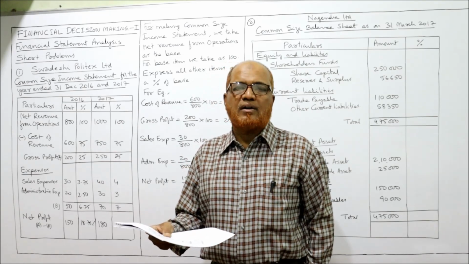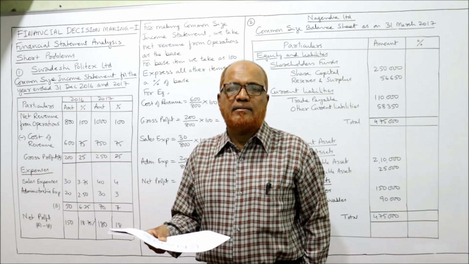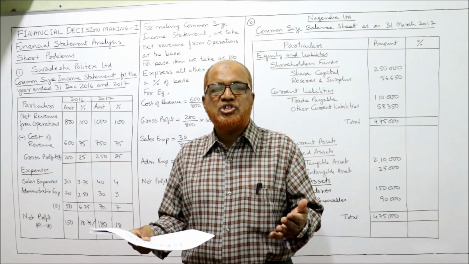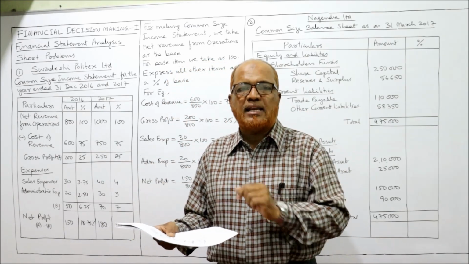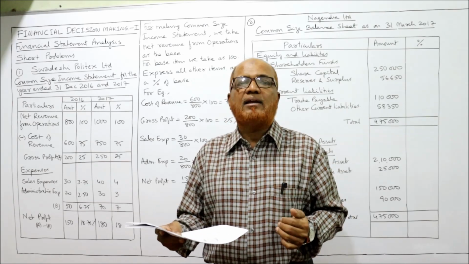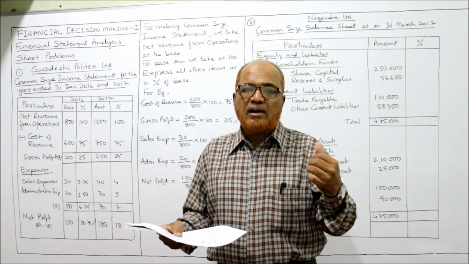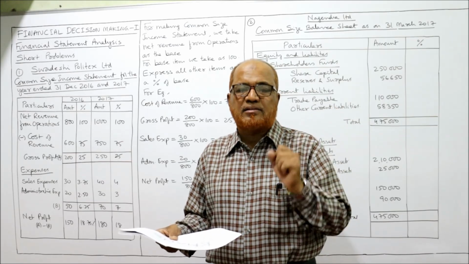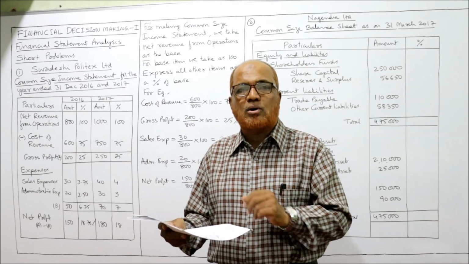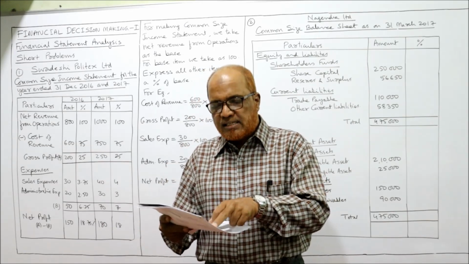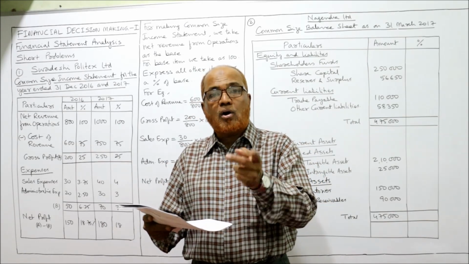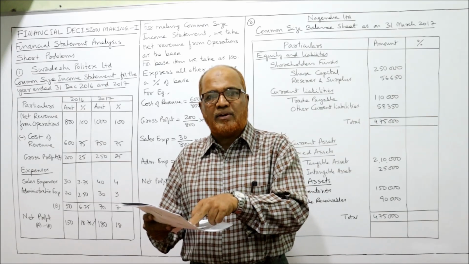Then cost of revenue. These are the cost of sales. Only names have been changed. Earlier we used to say sales, now we say net revenue from operations. Earlier we called it cost of sales, now we call it cost of revenue.